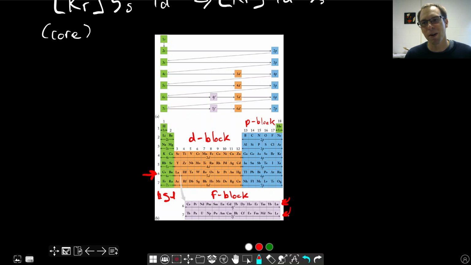We're going to be talking about these trends across the periodic table as we continue through this chapter. There are trends in different properties of the atoms that are due to the fact that we have different sorts of orbitals being filled, as well as the sizes of those orbitals and how that affects how elements behave. So that concludes our little mini section here about filling in electrons and electron configurations.